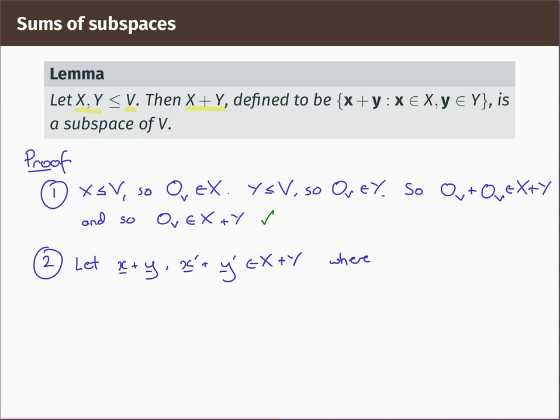So a typical element of X plus Y looks like an element of X plus an element of Y. So here we've got two such typical elements, x plus y and x prime plus y prime. There's no intended relation between x prime and x, they're just two random elements of X, and y prime and y are just two random elements of Y. And as usual, we'll keep this convention of underlining things to remind us that these are elements of vector spaces and not necessarily numbers.